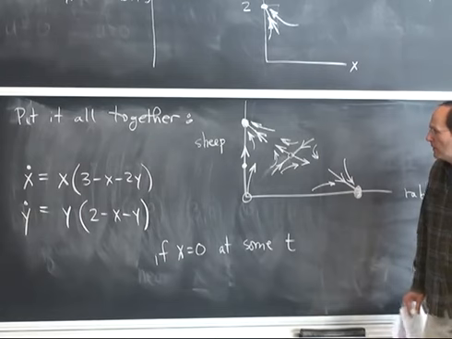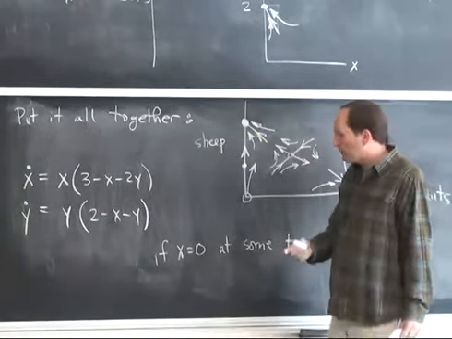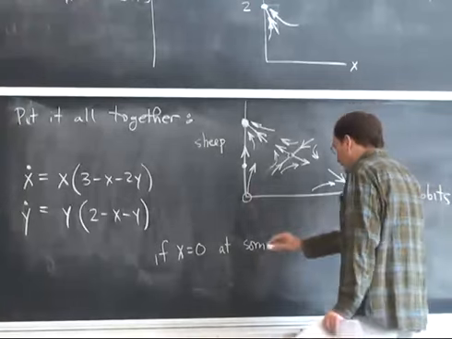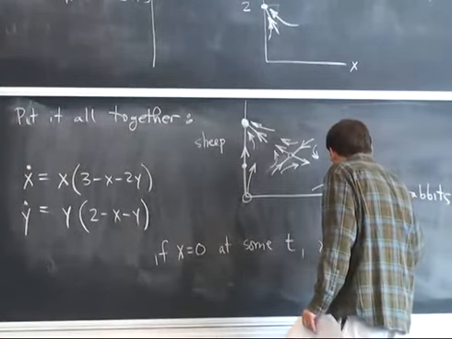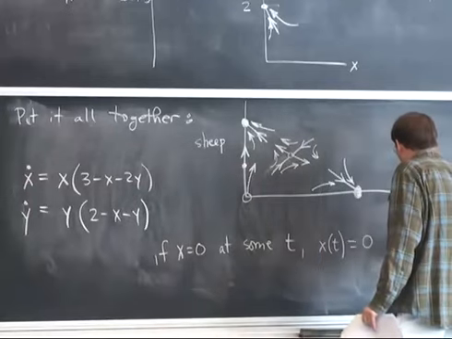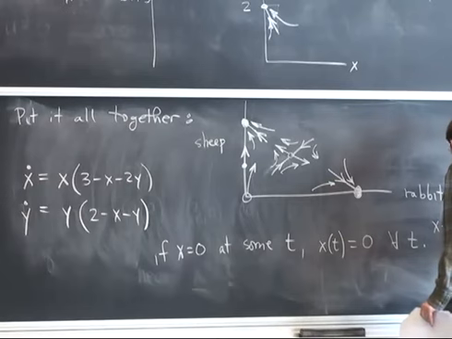And so that says that these straight lines, the axes, are, so to speak, invariant. So if x is 0 at some time t, then x of t equals 0 for all t. So we would say the x-axis is invariant.